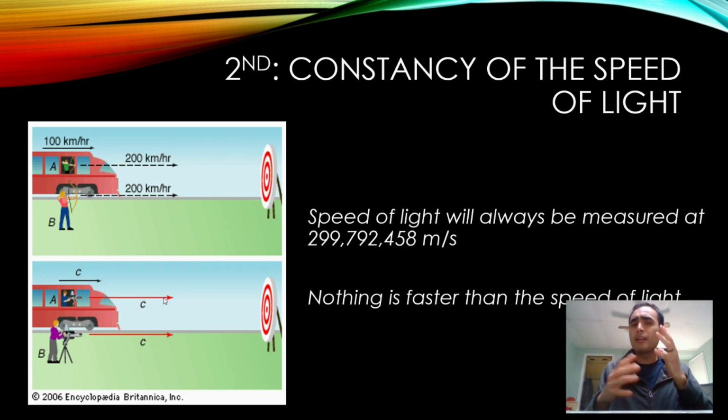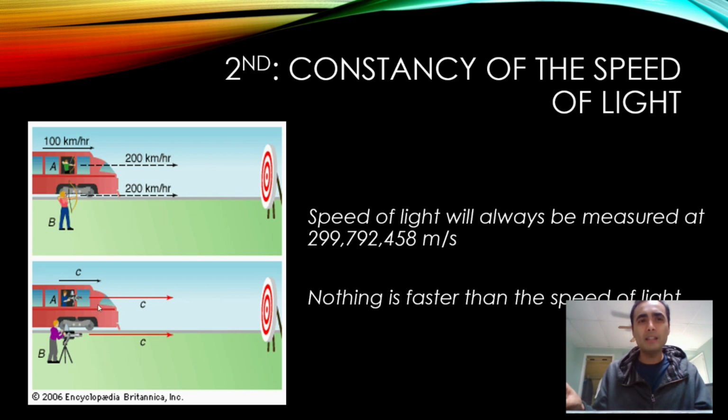So that becomes kind of weird now. You have to start thinking, okay, if nothing can go faster than the speed of light, that means these two people, A and B, have to be experiencing something different. This person can see the speed of light going 300 million meters per second. It travels this distance and takes a certain amount of time. However, when this person shoots his beam of light, he's noticing that the beam of light is also traveling at 300 million meters per second, and it's going this same distance, but something has to be different.